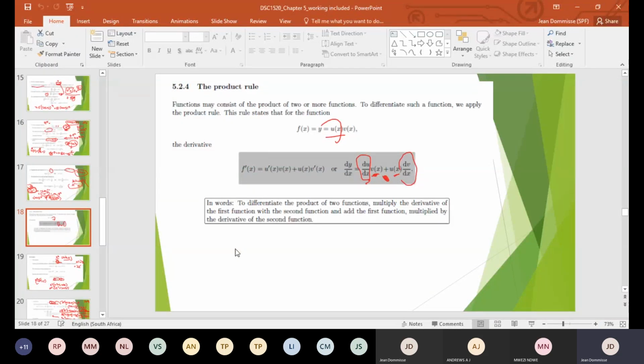Is everybody seeing now the product rule function again on the slide? Just give me a thumbs up if you're seeing the product rule again that we did in chapter 5. If you see that slide again. Quickly, anyone, just one thumbs up when I know I have shared the correct slide.